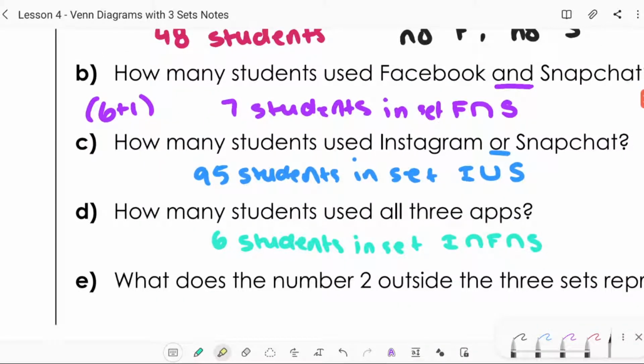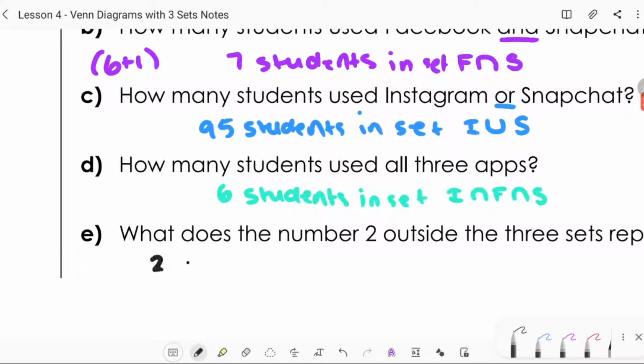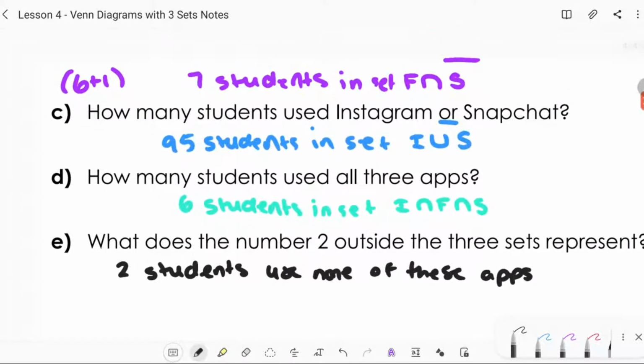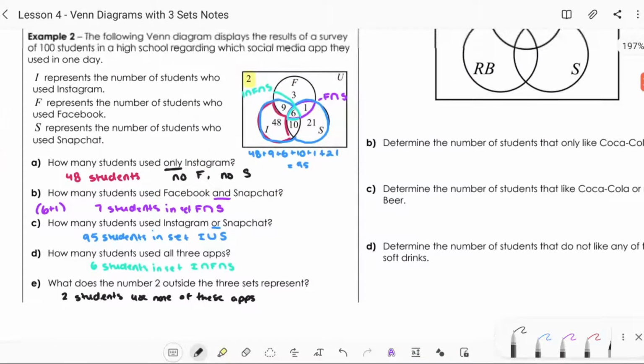So 2 students use none of these social media platforms. Maybe they use Twitter. Maybe they don't have a phone. Maybe they go outside every once in a while and don't scroll through their phones. All right, thinking about how things interact, thinking about how we could describe those sets.